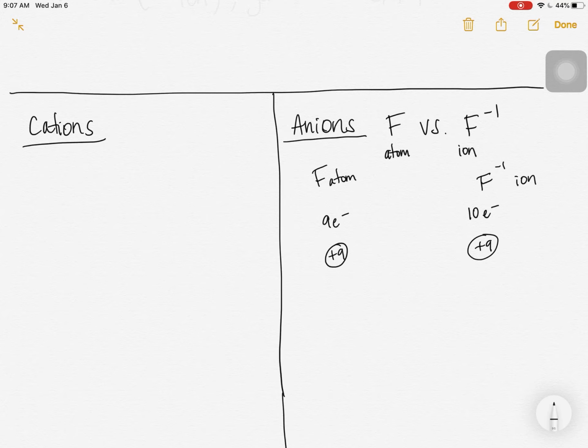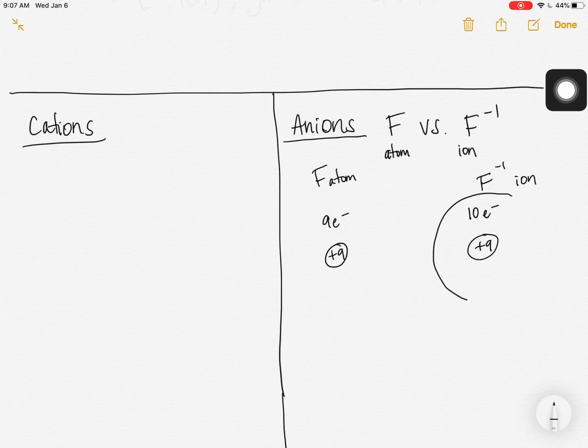So in this case, it has to do with how many electrons. If you think about this example where I have 9 protons pulling on 9 electrons, and then this example where I have 9 protons pulling on 10 electrons, the ion has 1 extra electron that the nucleus has to work to attract. Because of that, it's not quite able to pull those electrons as close as this one, because this one's only got 9 electrons to pull.